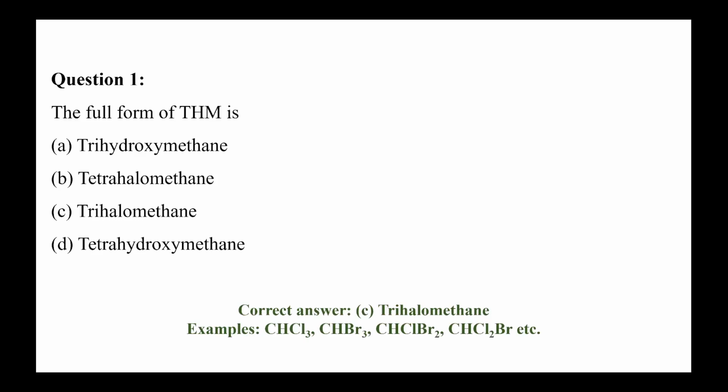So when we do chlorination, a lot of times we get these compounds as products, trihalomethane. So basically there are three halogen atoms attached to the methane molecule. Methane is basically CH4.